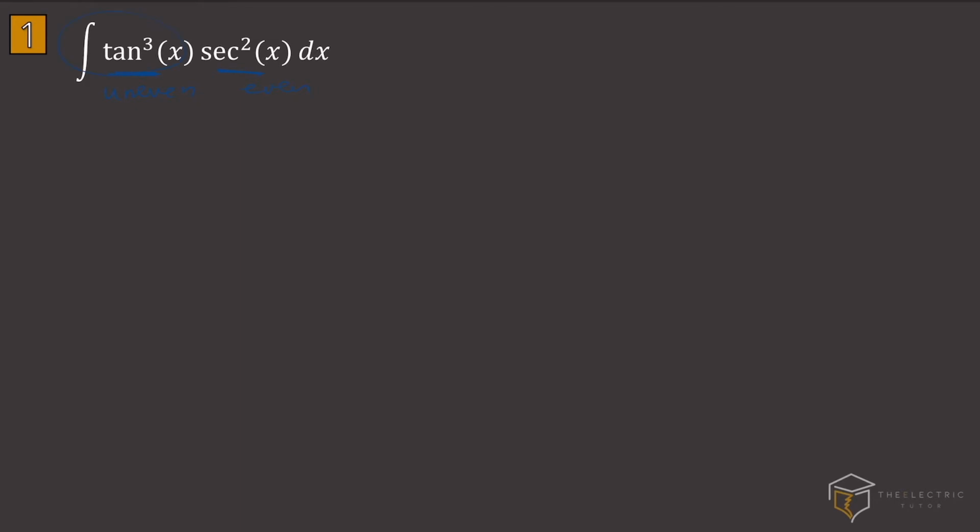Since tangent is raised to an odd power, we can use what we called case 2: I'm just going to write it over here, u equals secant x, and the du is tangent x secant x dx.